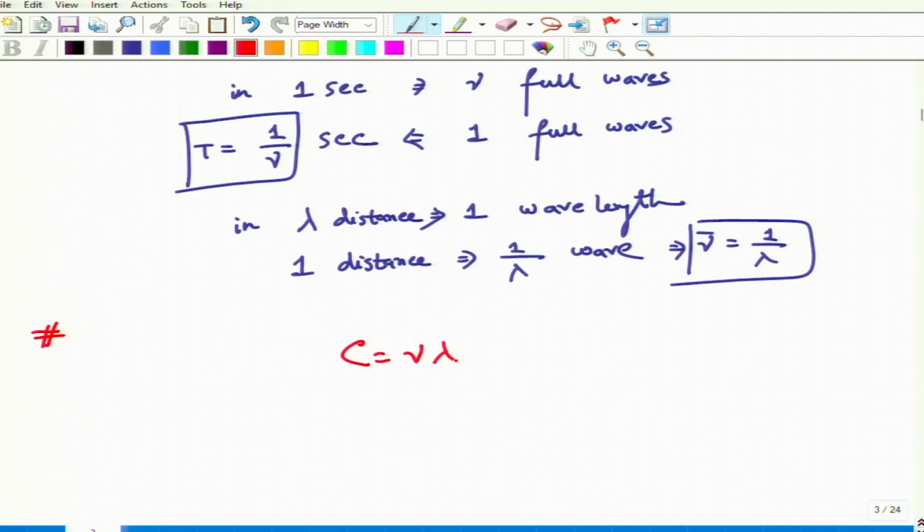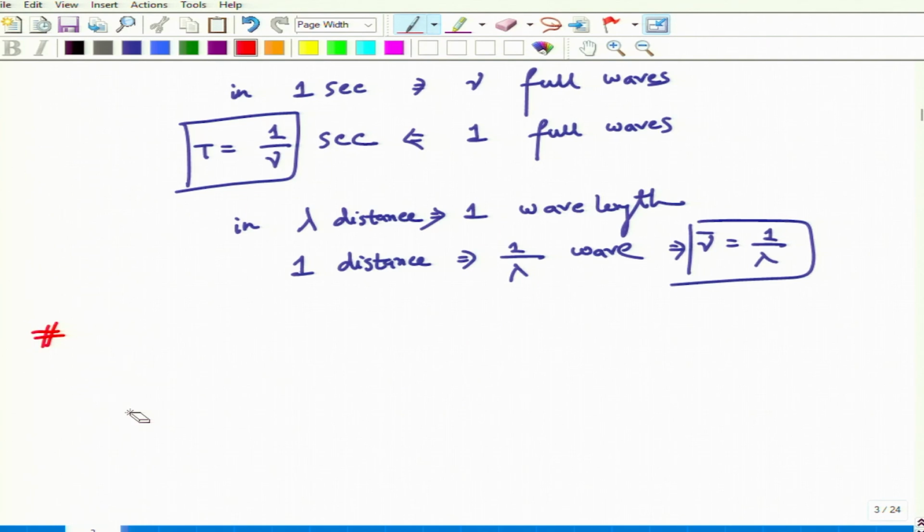So nu remains constant, nu will be invariant over changing the medium, but the wavelength will change. And we know that c is equal to nu lambda. That means nu lambda stands for the velocity. If lambda changes, then velocity will also change if we change the medium. We have discussed these things before.